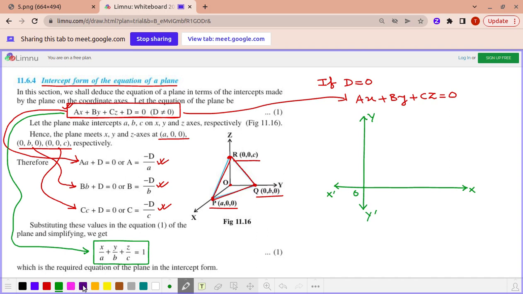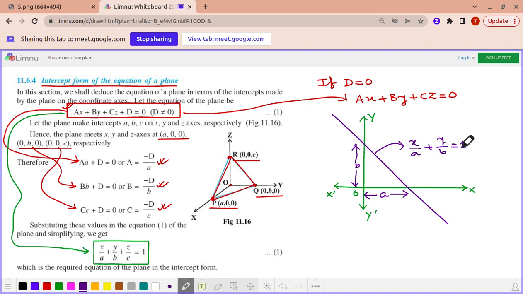Now if we have a straight line something like this, having x intercept of length a and y intercept of length b, then if you recall, the equation of the straight line is x by a plus y by b is equal to 1.